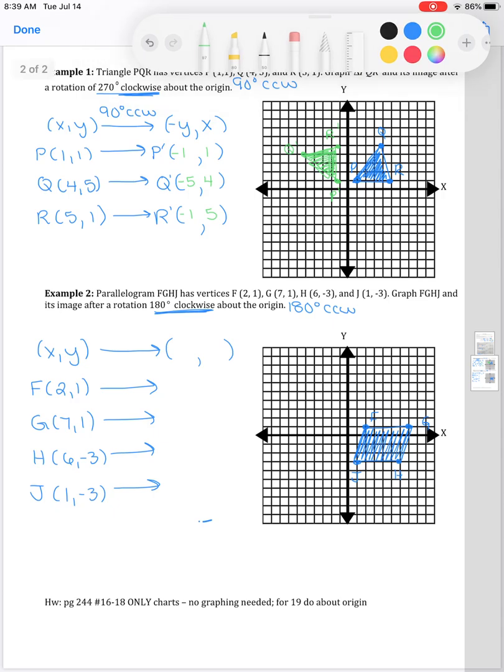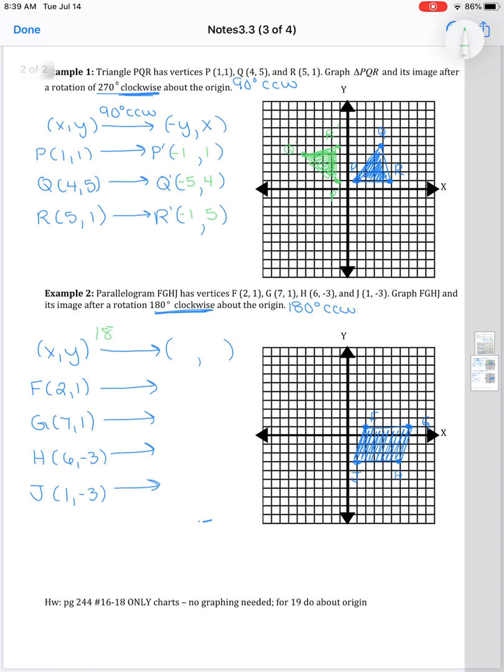Again, at any point, pause the video just so that you're able to keep up and graph everything, and I want it to match what I have.